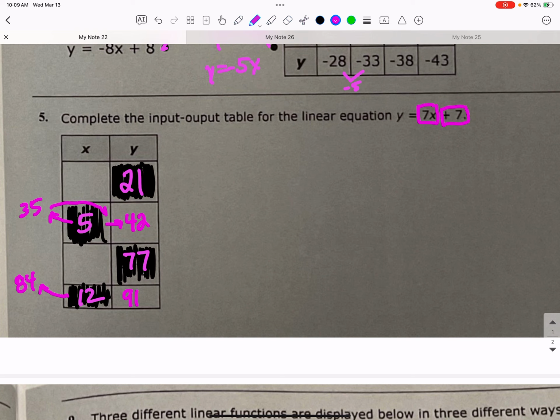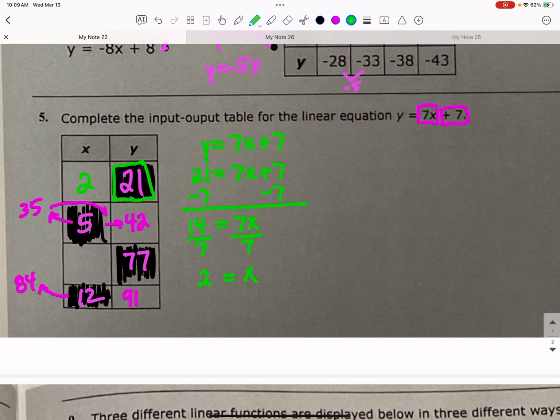All right, these ones might be harder to work backwards, like 21. Okay, so let's say y equals 7x plus 7, but now we have to plug in 21 for the y. All right, let's minus 7 from over here, minus 7 from over there. So 7x equals 14, divided by 7, x equals 2. Okay, we had to work backwards on that one, so I'm going to use the equation to help me work backwards.